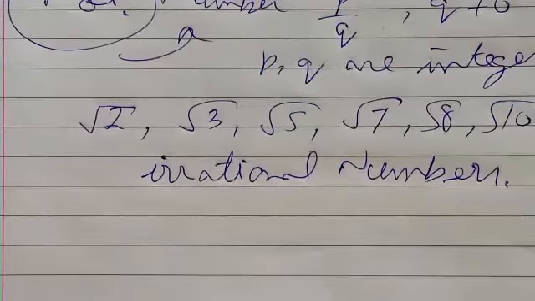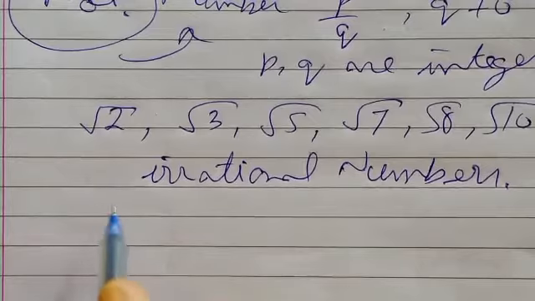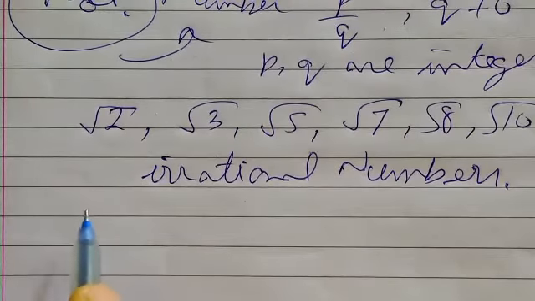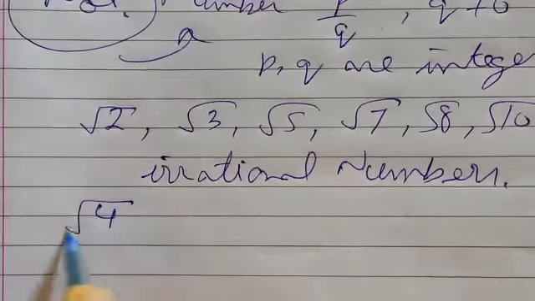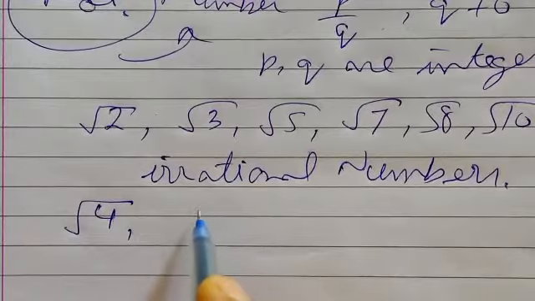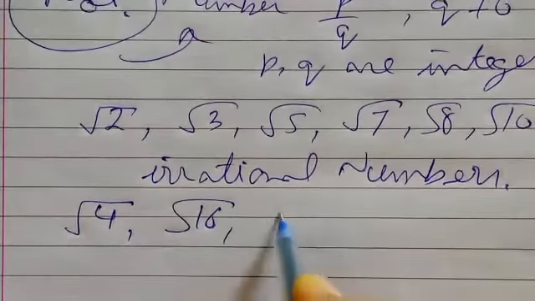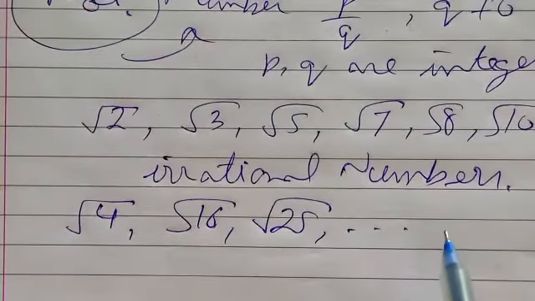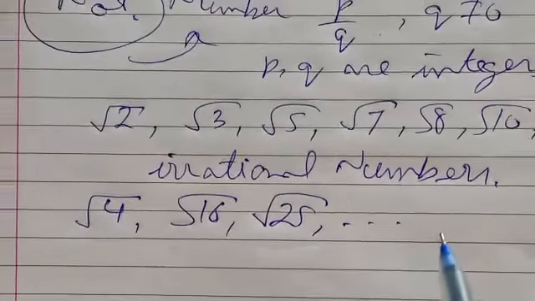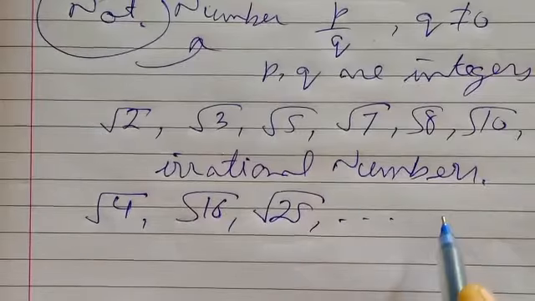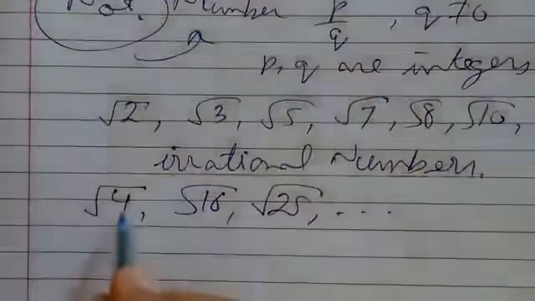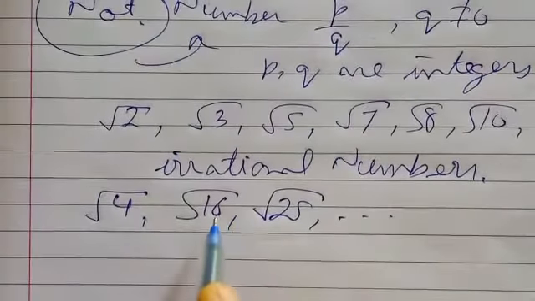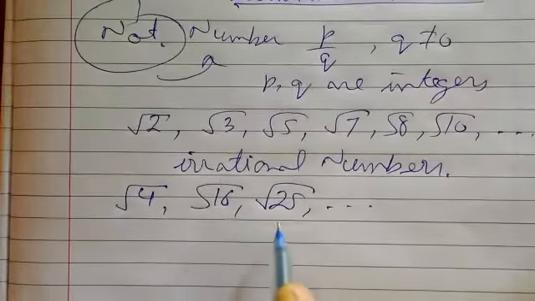Now, we can see from here that if we take the number root 4, or say for example root of 16, root of 25, and so on, such numbers are not irrational numbers, because square root of 4 is 2, square root of 16 is 4, square root of 25 is 5.